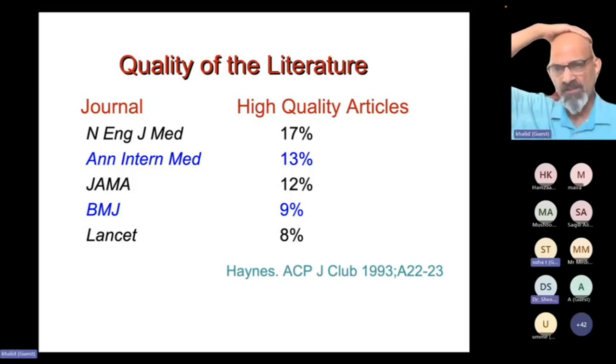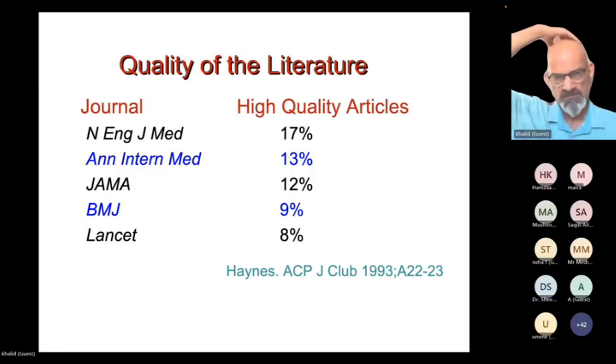See the slide on my screen? Can you see the slide on your screen? Yes. You can see that if you rely on the New England Journal of Medicine, the Journal of the American Medical Association, the British Medical Journal or the Lancet, 80 to 90% of what you're going to read in these journals will not be high quality.